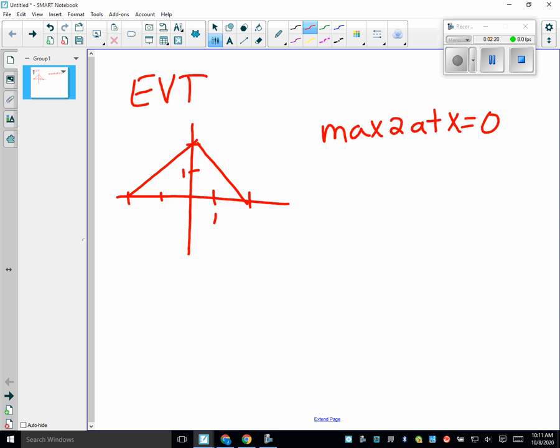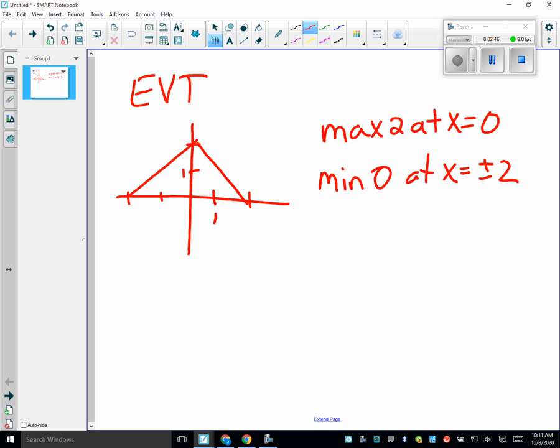Okay? So what about a minimum? Would you say the minimum is 0? Where? No. At plus or minus 2. That's what this theorem says. Can you do this?